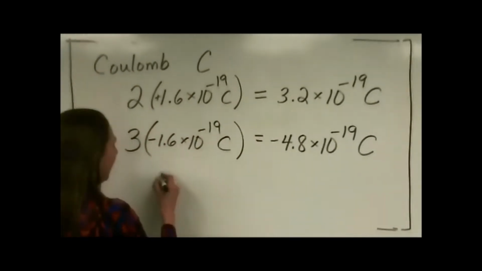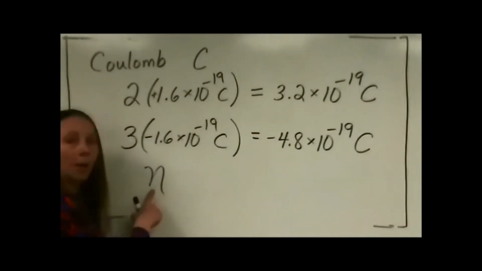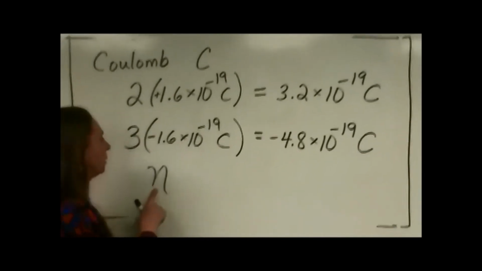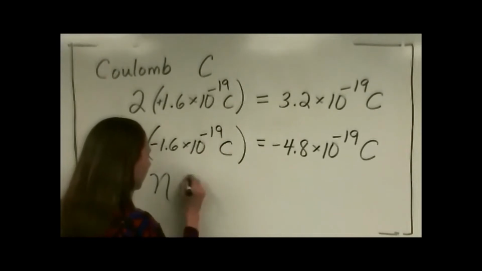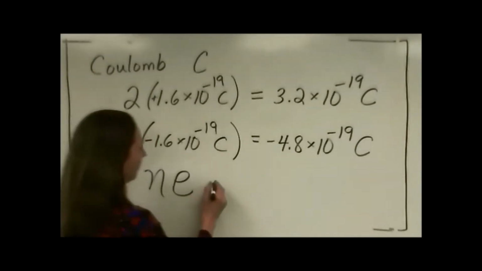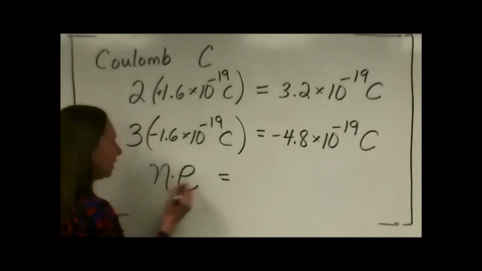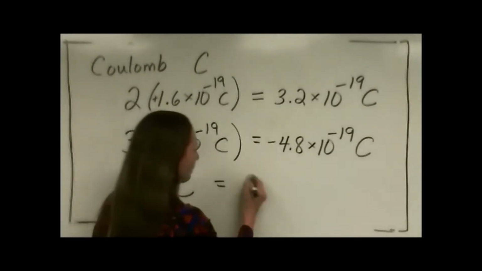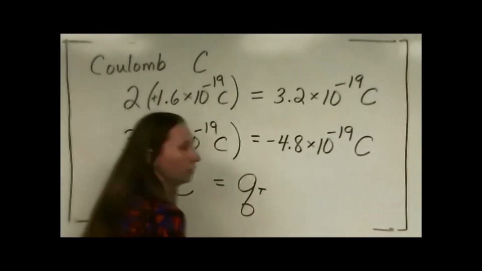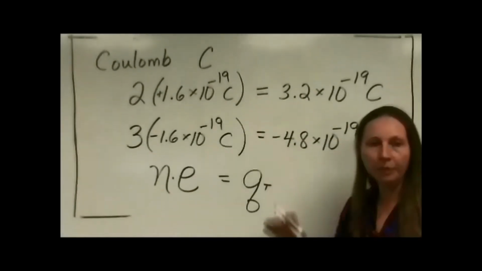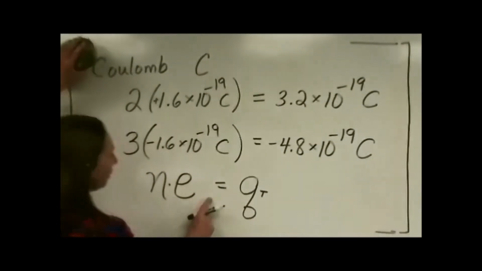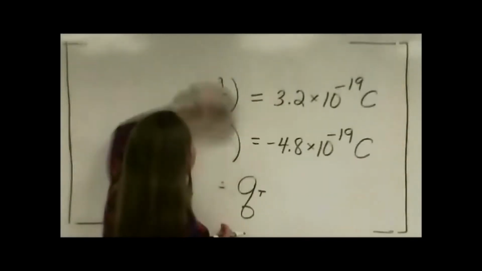We can say that N, the number of electrons or protons, times, now the symbol for the elementary charge is a lowercase e, N times e is equal to the total charge. I'm going to copy that over again up on top because I think you should learn this equation. This is an equation you're going to have to memorize because it's not in your reference tables.